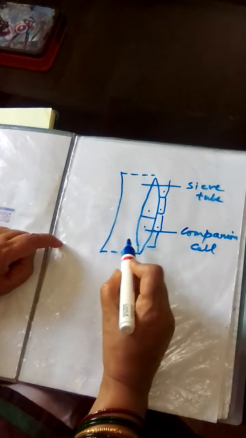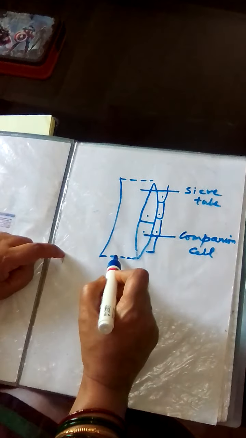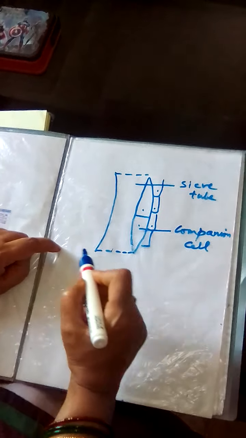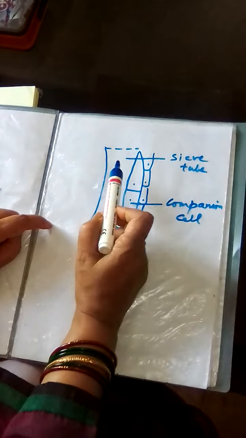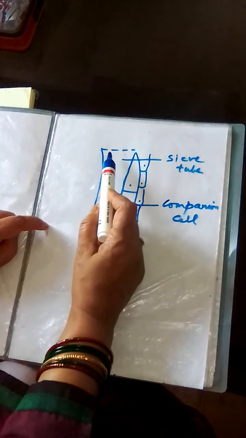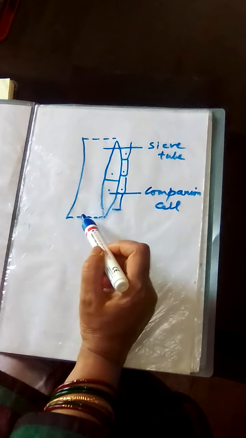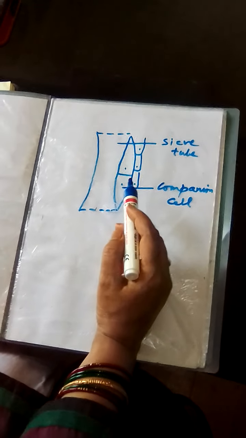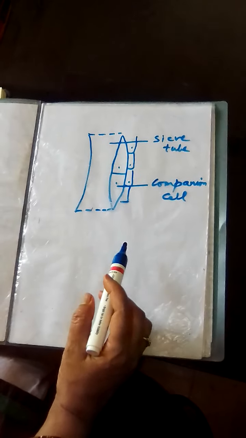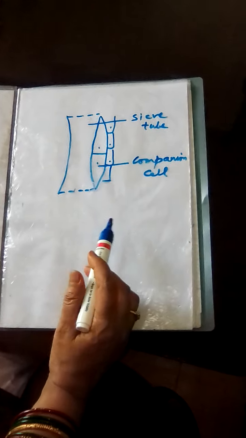Now these 2 cells take part in the transportation, actually only through sieve tube assisted by the companion cell. You can see that the end plates are perforated. It acts like a sieve and they are placed end to end and they form a continuous system of transport through it. Now there is a difference in the transport of substance through xylem and phloem.